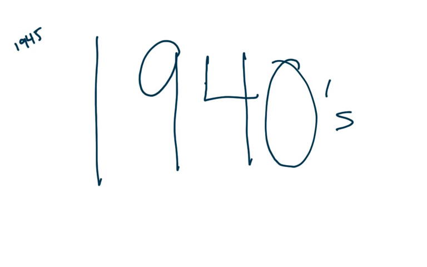So the War Labor Board froze wages. And what that meant was it did not want to allow companies to increase wages during the Second World War. So employers were still competing to try to attract the best and most talented employees during the Second World War, but they couldn't offer higher salaries.